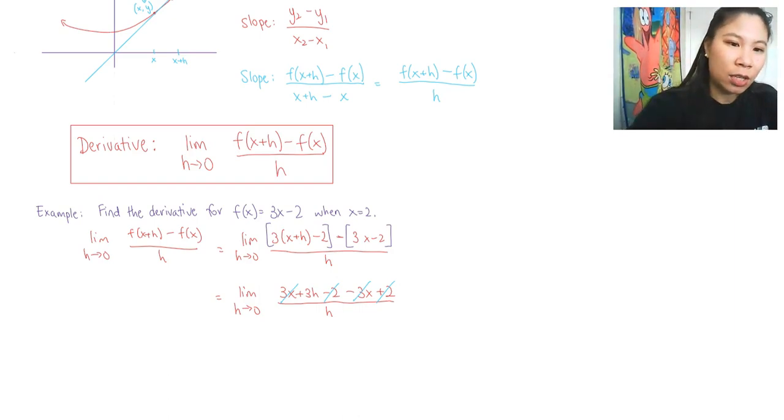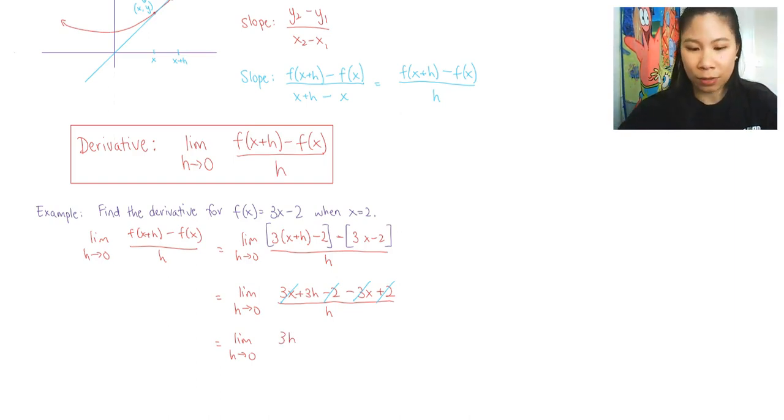Alright, so continuing on, let's write out what I have left now. On top, I've got that 3h, everything else got canceled out, divided by h. And if you remember our limit, we're not allowed to plug in h equals 0, because from the very beginning, we would have ended up dividing by 0 at the bottom.